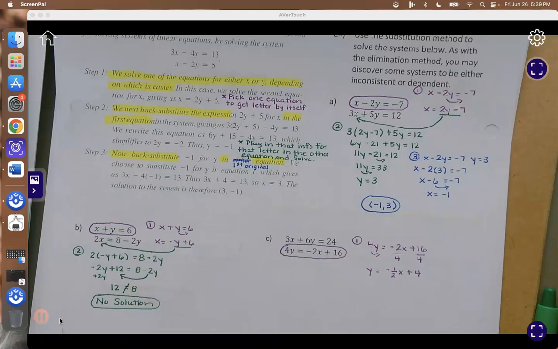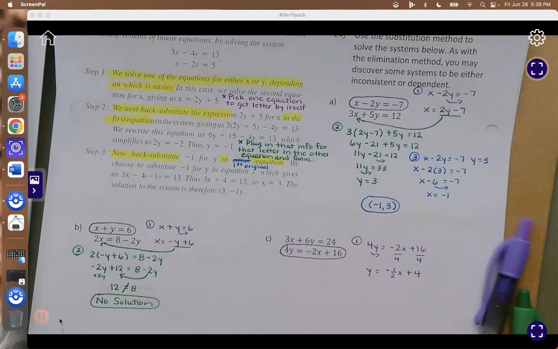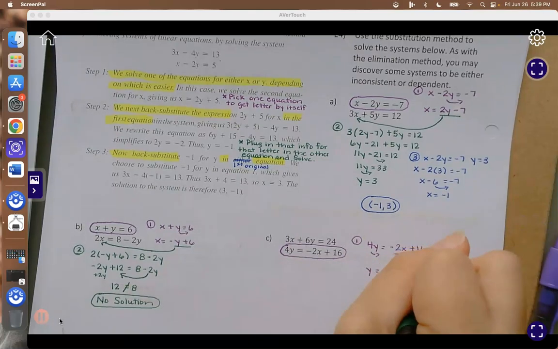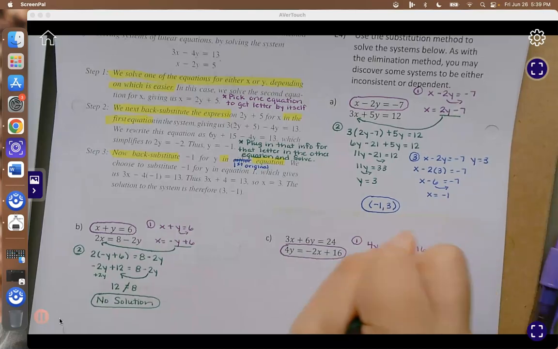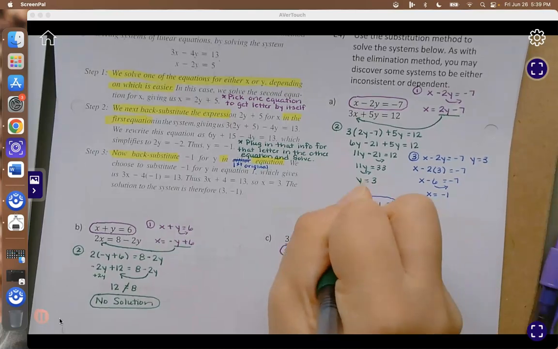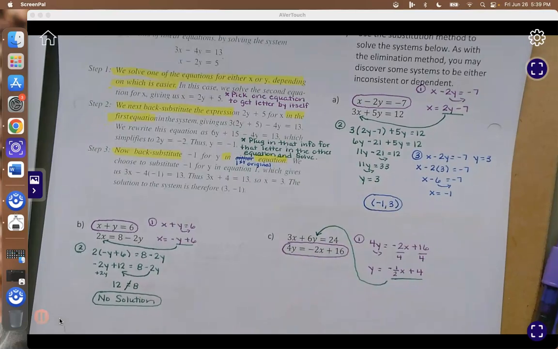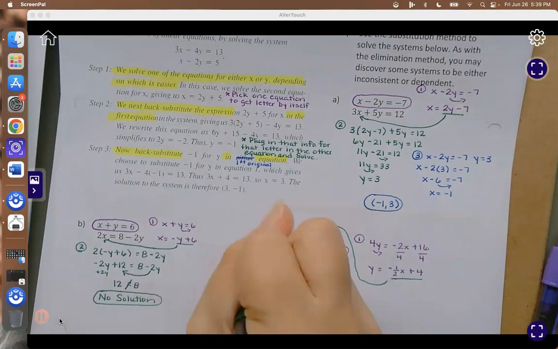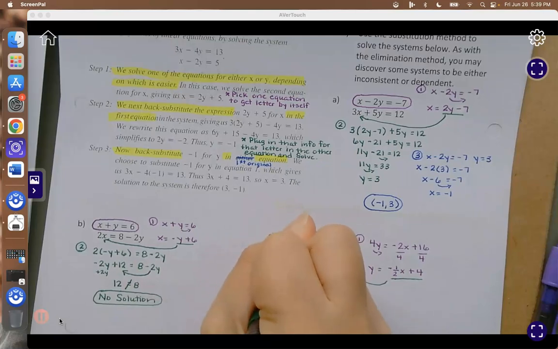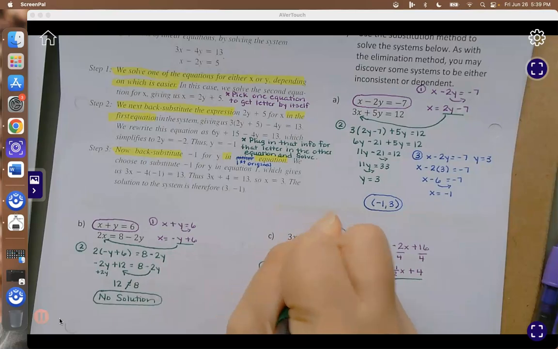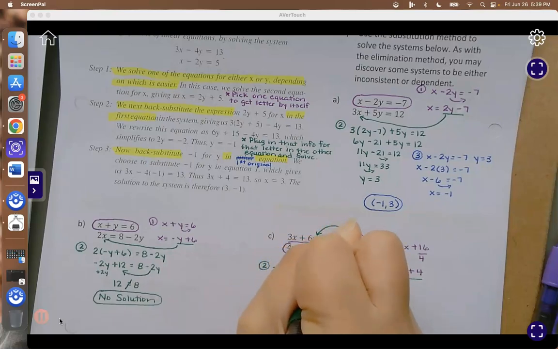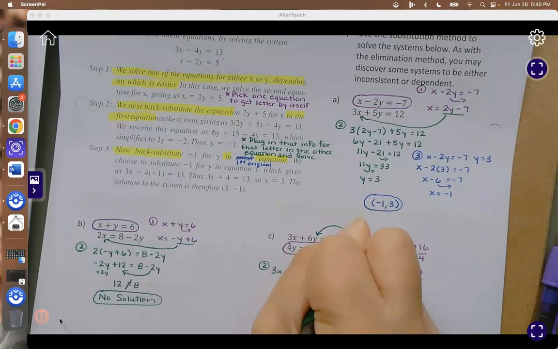Okay, so now we're going to plug this in for y. So step 2, we have 3x plus 6 times negative 1/2 x plus 4 equals 24.